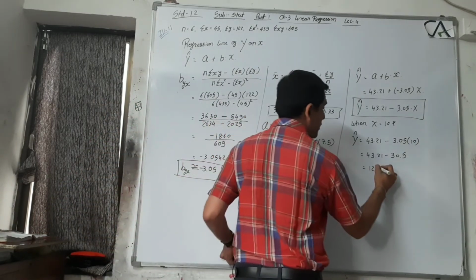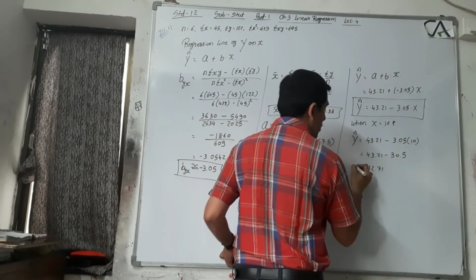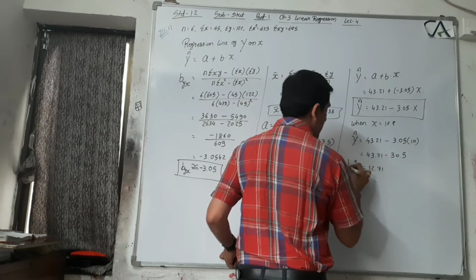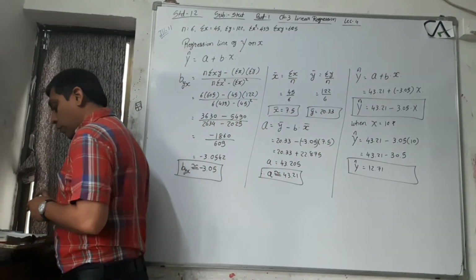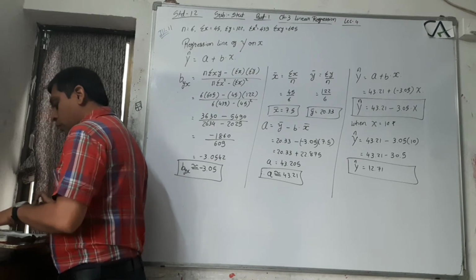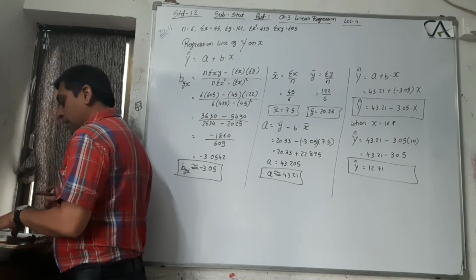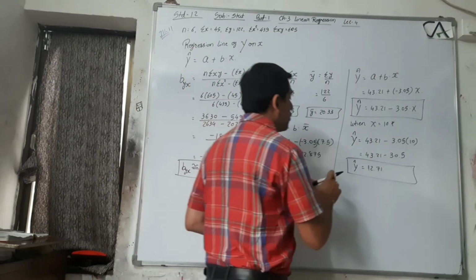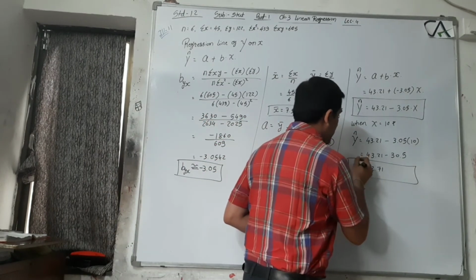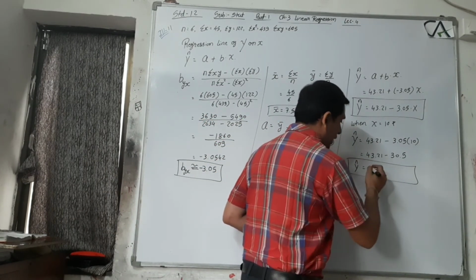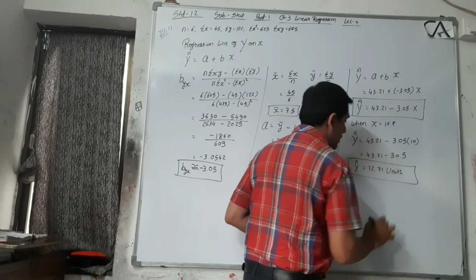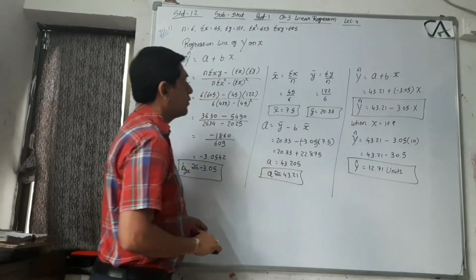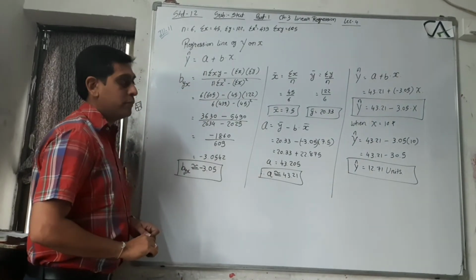Yes, 12.71. But your y is in 100 units. See the question again. Y, that is demand, is in 100 units. So you have to write y cap, that is the estimated value of y, is 12.71 units. Write down the question.